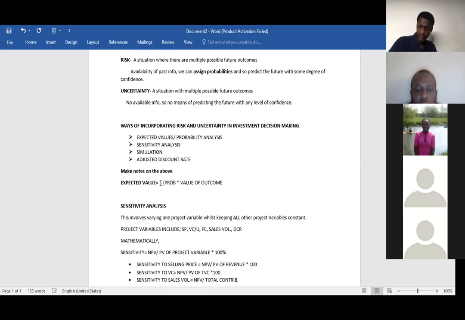We can say that's exactly the same thing as saying NPV divided by present value, sorry, let me say that again. So that's present value of total contribution. So that's NPV divided by present value of revenue minus present value of total variable cost.